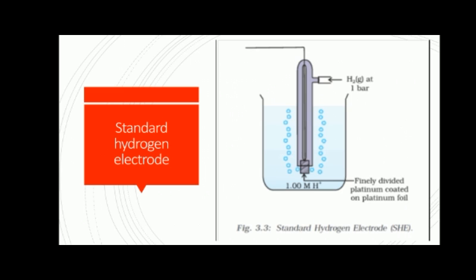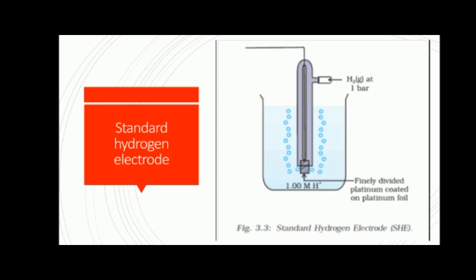Look at the figure of the standard hydrogen electrode. Here, the platinized platinum wire, which is coated on the platinum foil, is immersed in a 1 molar aqueous solution of hydrochloric acid, and hydrogen gas, which is pure, is bubbled at exactly 1 bar pressure.